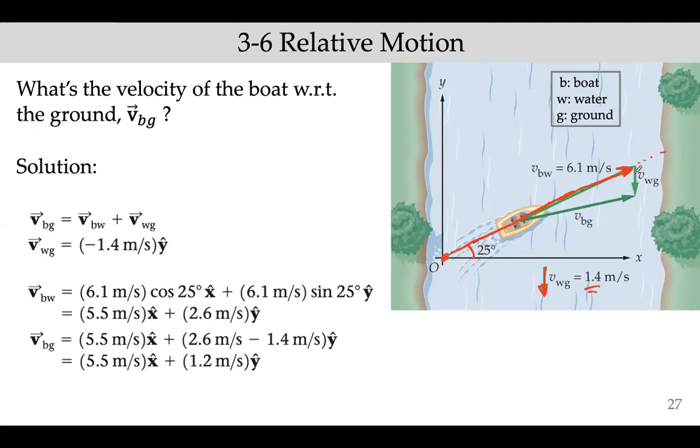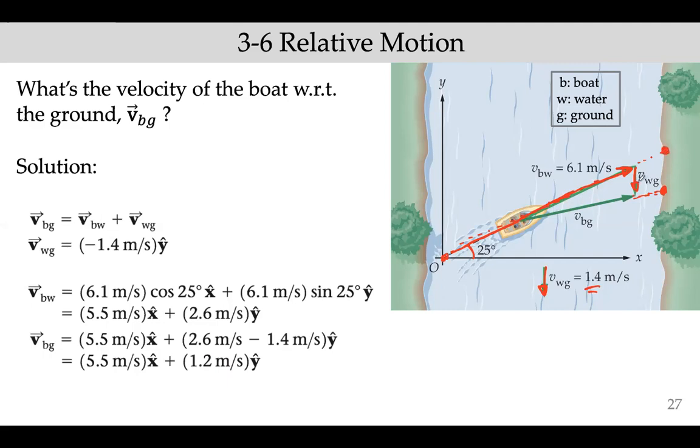What will happen is, because you will get drifted by the water in the down direction, so in the negative y direction, you will end up here. So again, you set out aiming at this point.